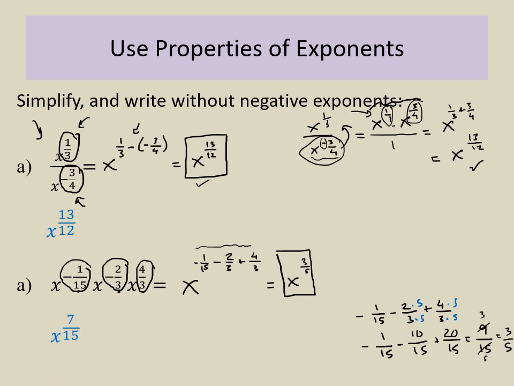Okay, it says 7/15. Did I do any math wrong here? Let me just make sure. I want to see if that's a typo from me or from the answer here. So -1 over 15 minus 2/3 plus 4/3, -1/15 minus 10/15 plus 20/15. 20 minus 10 is 10, minus 1 is 9.